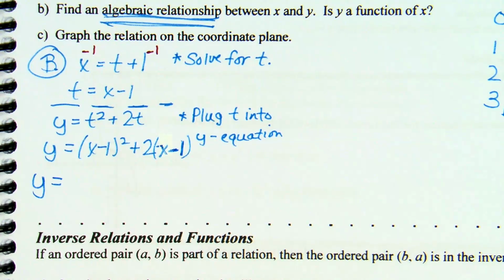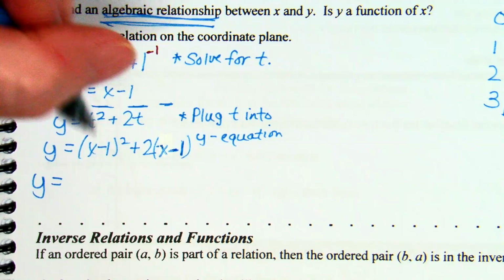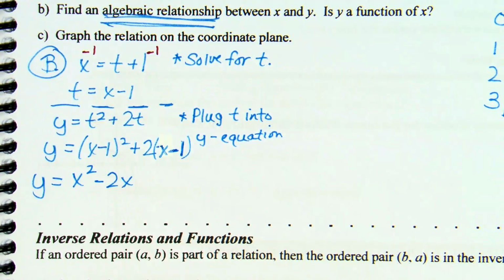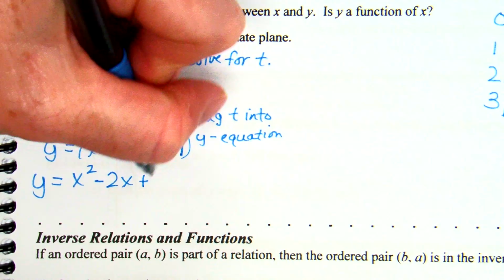How do we do x minus 1 quantity squared? FOIL. So x times x is x squared. Outsides and insides are each minus x, so minus 2x. Minus 1 times minus 1, plus 1. Distribute the last part, plus 2x minus 2.